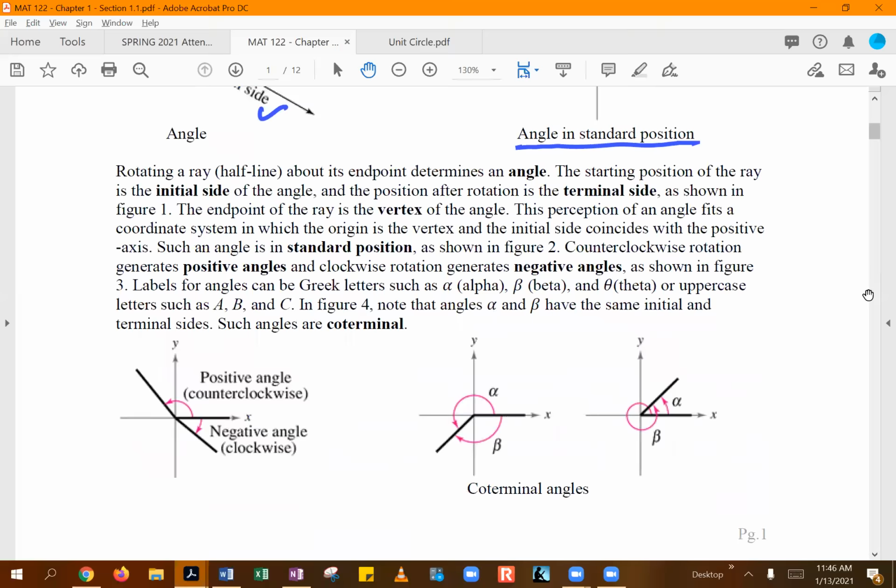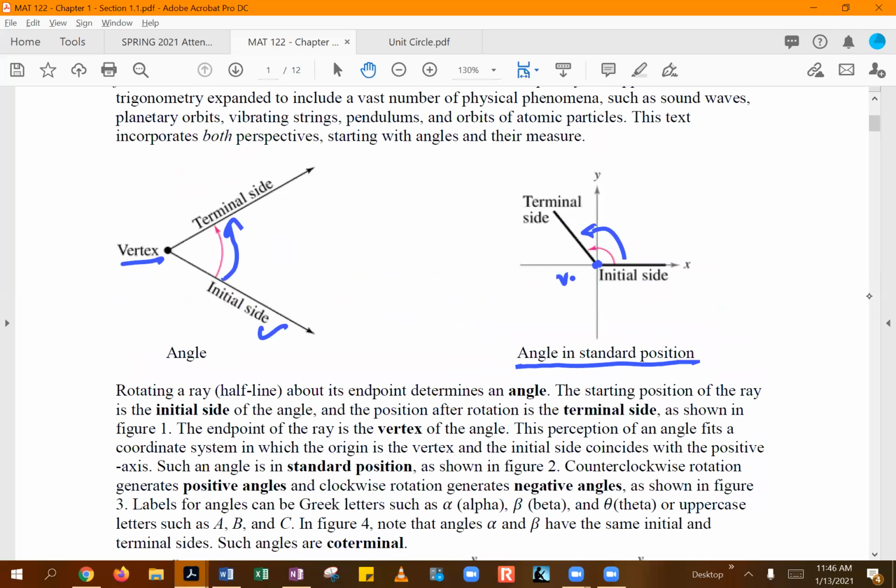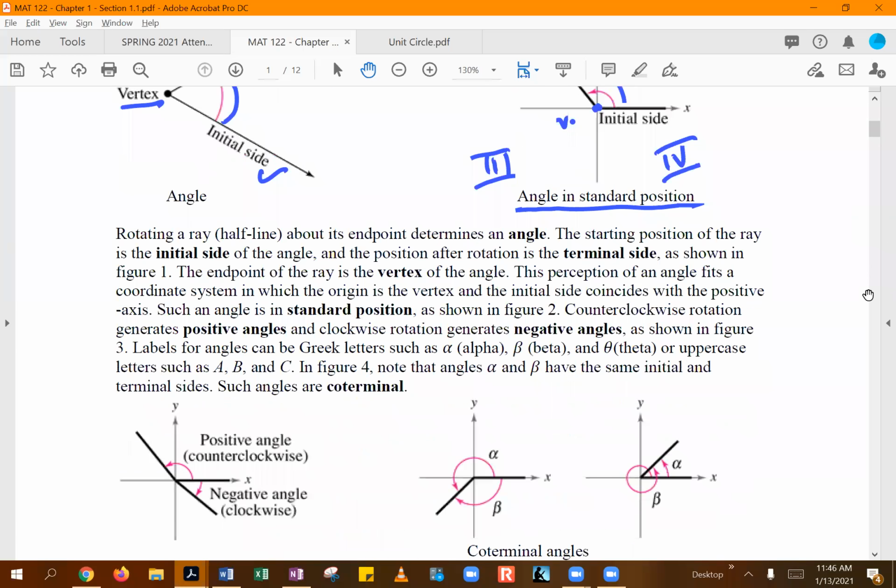Now, depending on where that terminal side is going to be, your angle can fall in the first quadrant, because remember, these can be broken down into quadrants. So this is quadrant 1, quadrant 2, quadrant 3, and quadrant 4. Again, we label them counterclockwise also.